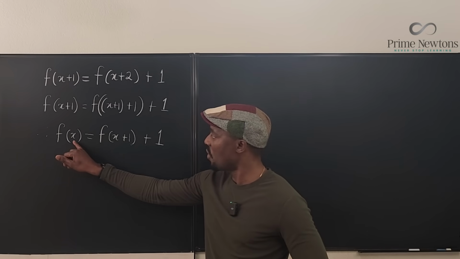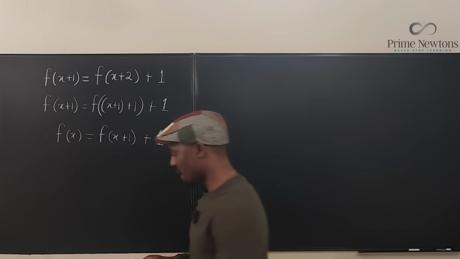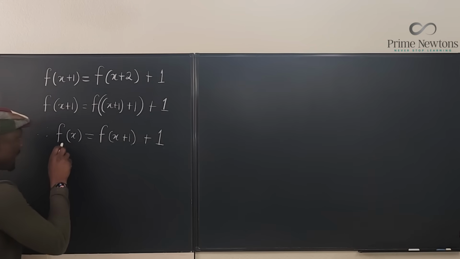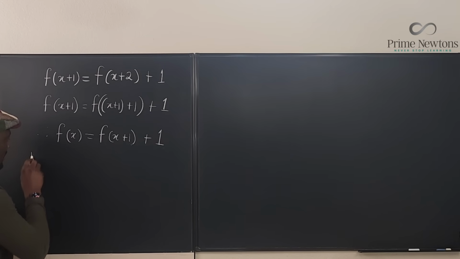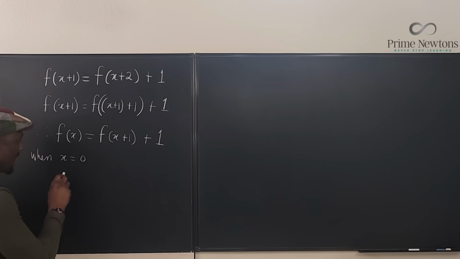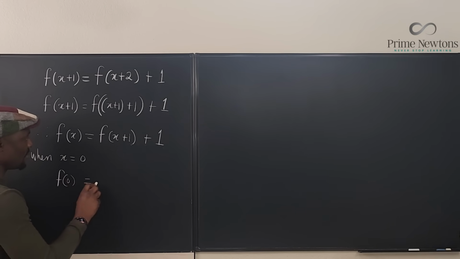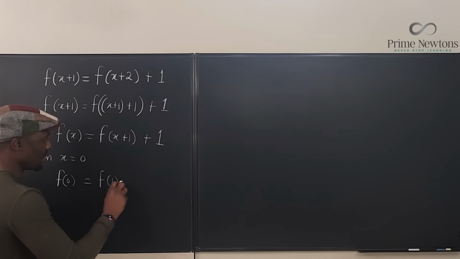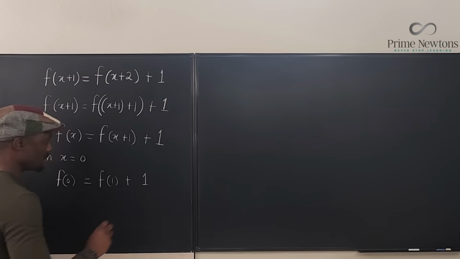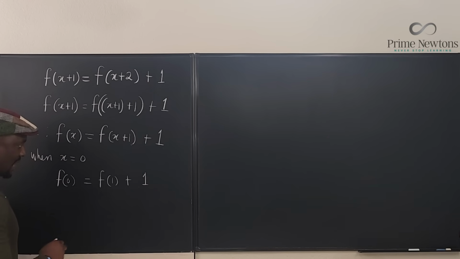So what I'm going to do at this point is try to plug in some very smart numbers. Let's start with 0. By observation, when x is equal to 0, then f of 0 will be equal to f of 1 plus 1. Okay, I see that. Let's try another one.